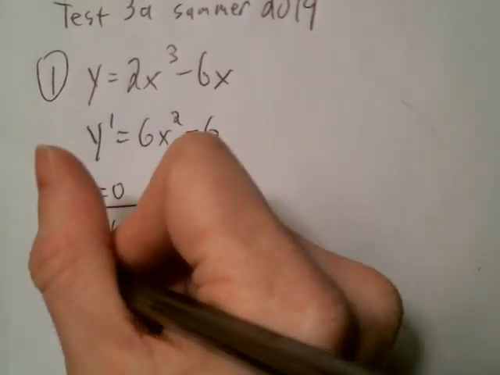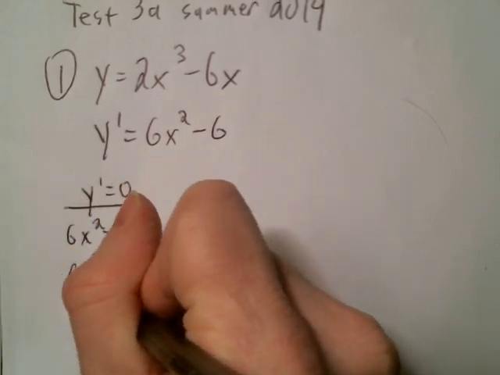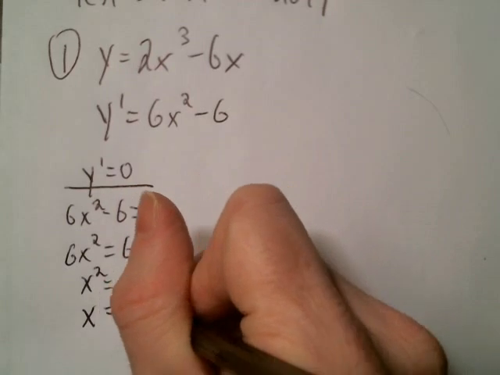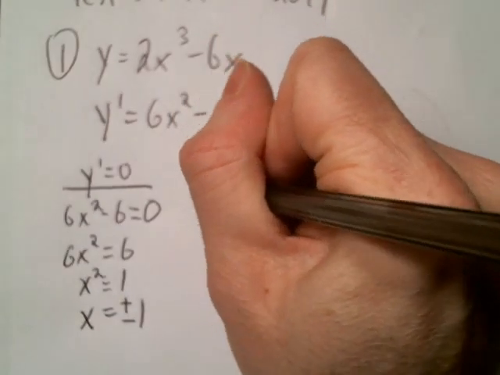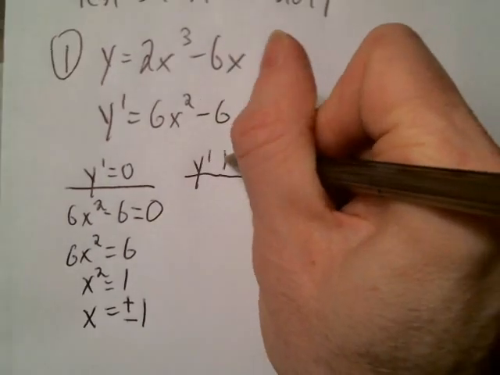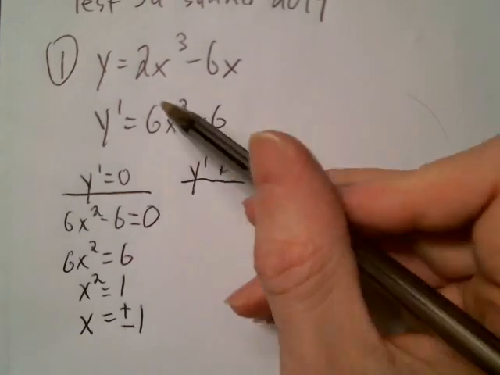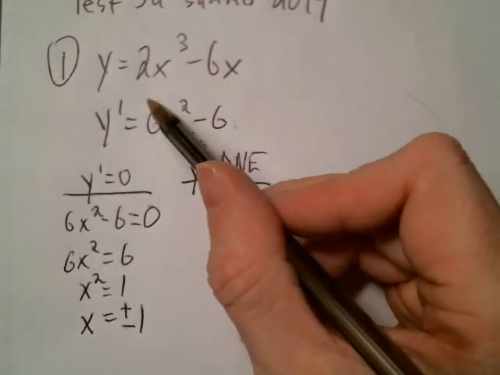So we have 6x squared equals 6. In other words, x squared is 1. In other words, x is plus minus 1. Okay, so we've got 2 critical numbers there. The other places are where the derivative does not exist. Fortunately for us, this expression right here represents the derivative.